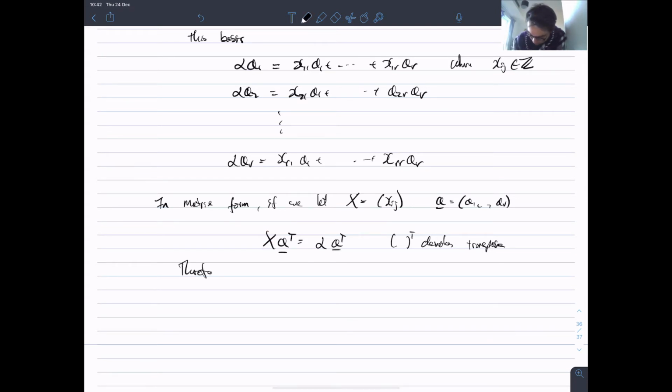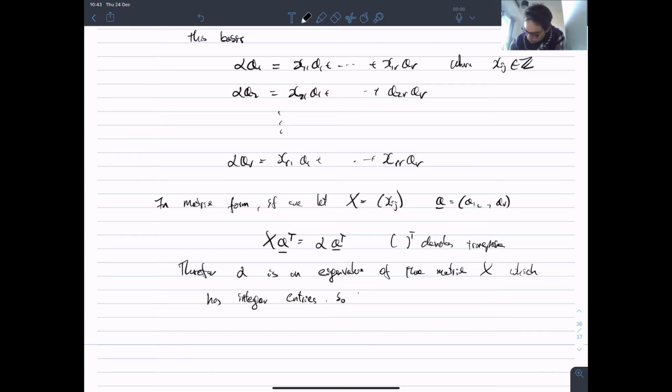Therefore alpha is an eigenvalue of the matrix X, which if you come back here, you'll see has integer entries, and the first lemma that we saw in the last lecture was that if we had a matrix with integer entries, then its eigenvalues are algebraic integers. So alpha is an eigenvalue of a matrix with integer entries, therefore it's an algebraic integer.